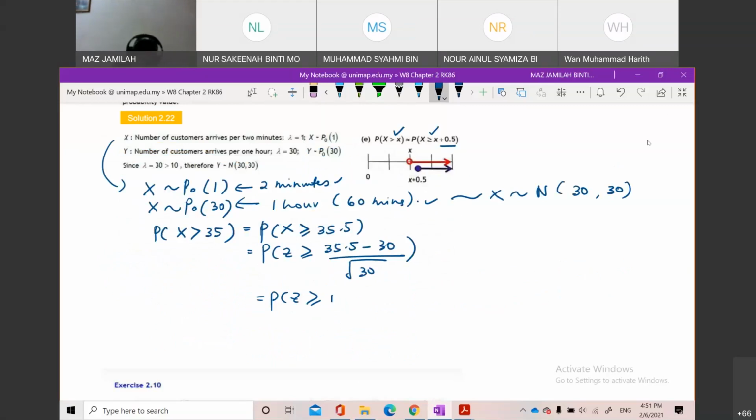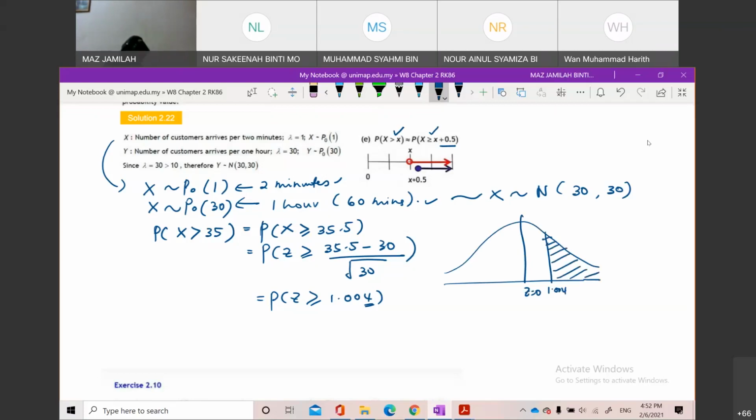So you will get P(Z >= 1.004). But in your case, we are using 2 decimal places, so we stop at 1.0. If you draw it to imagine the value of the probability, you have Z equal to 0 here, and 1.004 here, greater than.